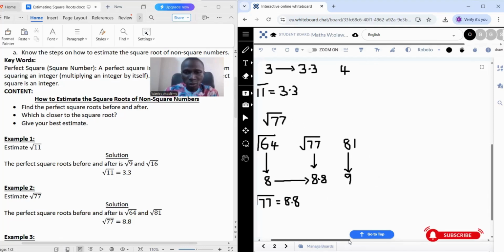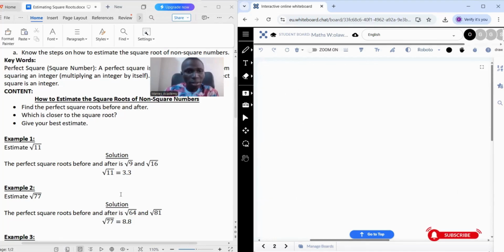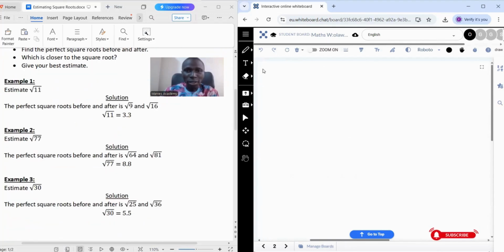Now to the last example that we're looking at in this topic. We are asked to estimate the square root of 30. So we have here the square root of 30. The first thing that we're going to do here is to look for the perfect square that is just before 30, and that's 25.